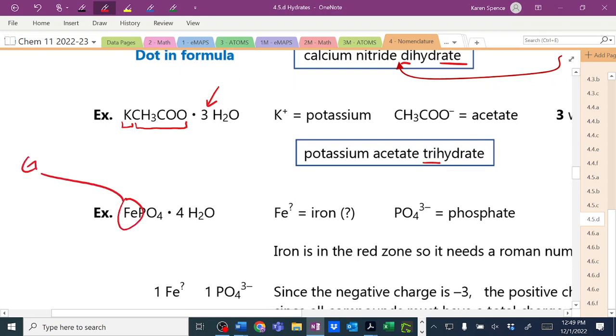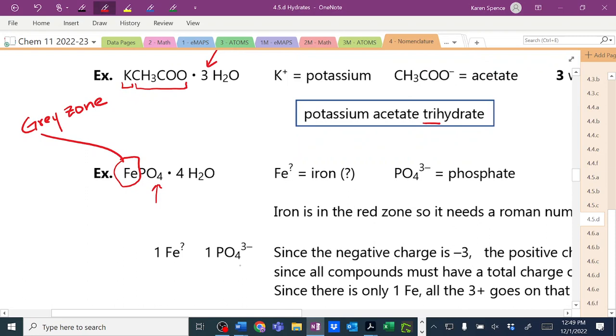And don't forget, iron is in the gray zone. If it's in the gray zone, what does it need? It needs the charge, which is the Roman numeral. So we would have to say I have one PO4. Remember, we don't have 4 PO4s, we just have one. One PO4, it has a 3 minus charge. So what does the charge of that one iron have to be?